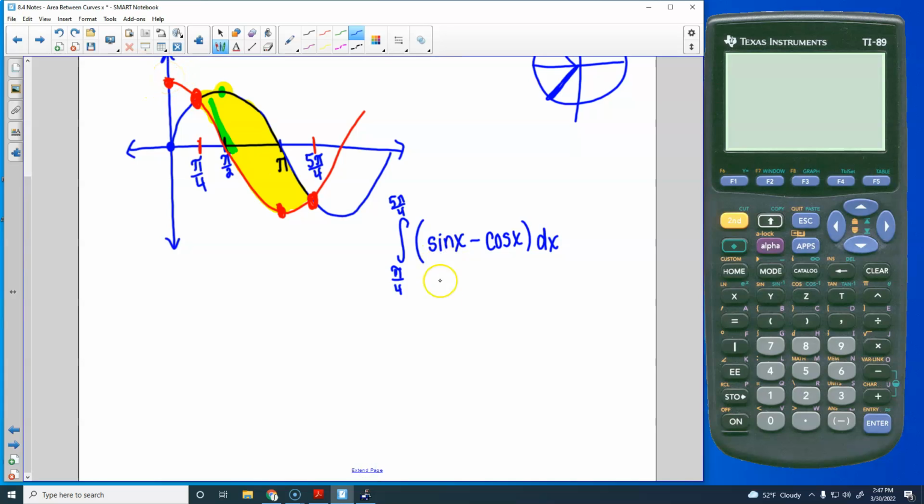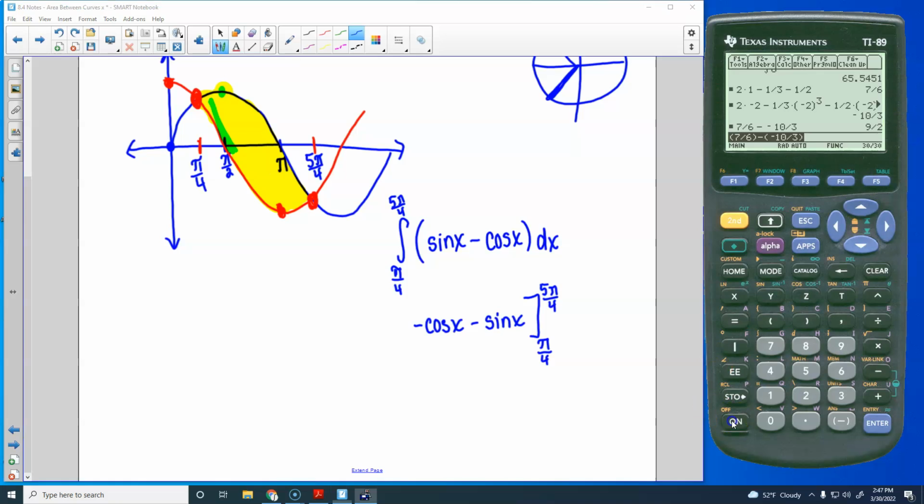So to integrate sine, we will get negative cosine of x. To integrate cosine, we will get sine of x, and we will evaluate this from pi over 4 to 5 pi over 4. So we'll have negative cosine of 5 pi over 4 minus sine of 5 pi over 4.